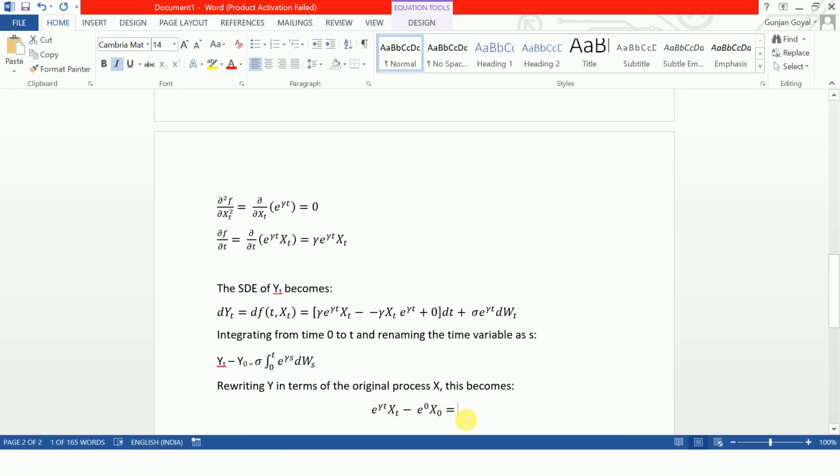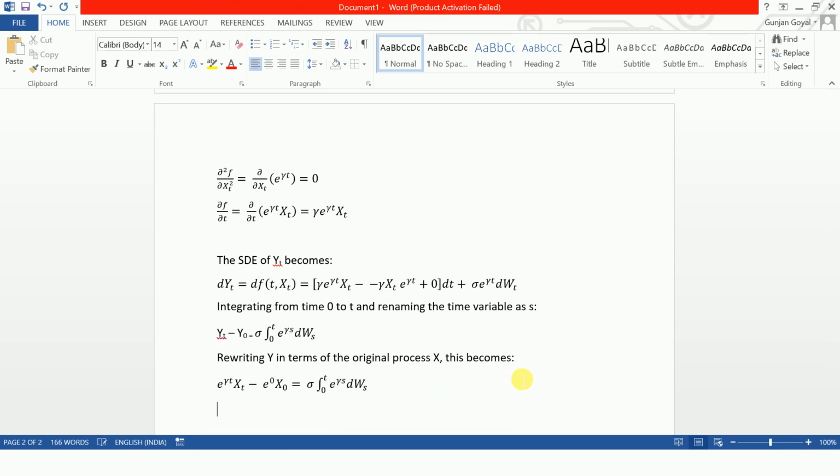Just copy pasting this, giving a space, and this comes back here, and then we have e to the power gamma t xt equal to e to the power 0, which becomes 1, so x naught plus this integration value. Taking this value, control V, and you get this.